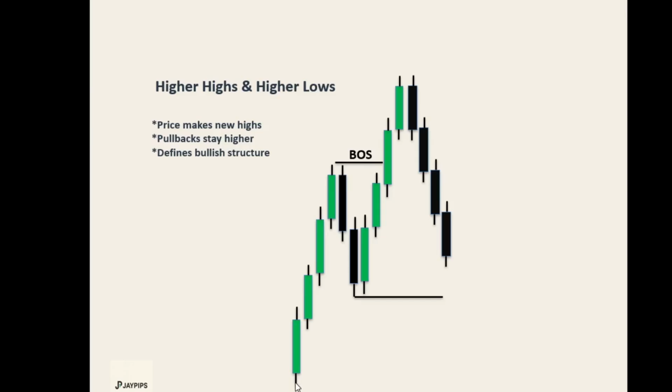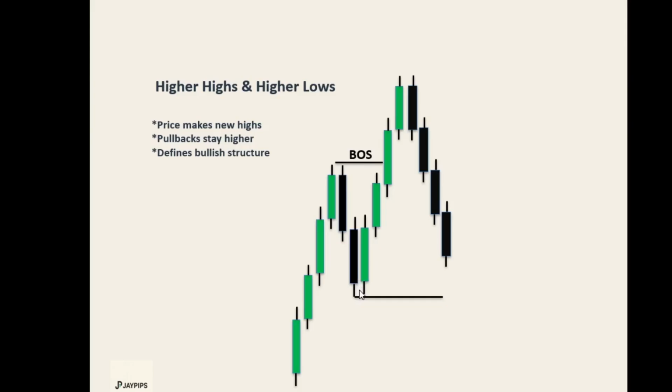We had an impulsive movement from this higher low to this higher high. We then saw the market drop slightly, which is a pullback, and then again left this particular swing here, which is a higher low. So if the market respects this every time, you know that the trend is still an uptrend.